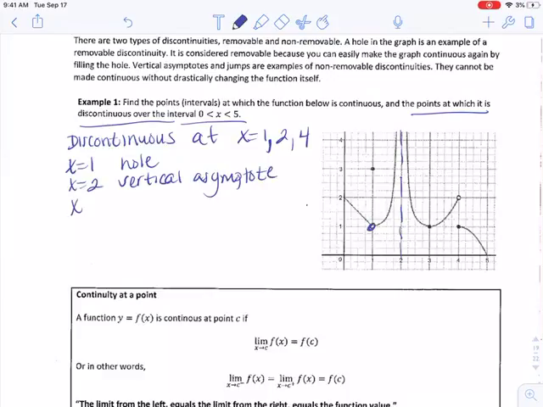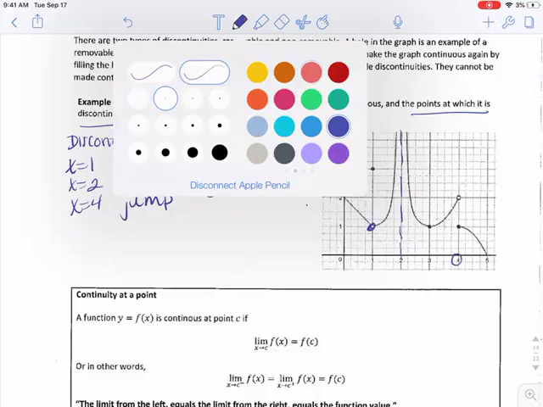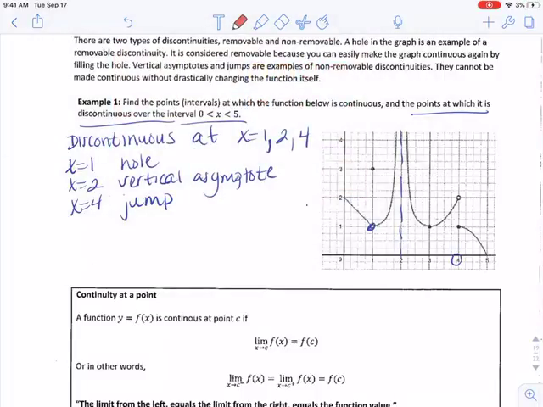And at x equals 4, there's a jump in the graph. The first one, the hole, is removable, so I'm just going to put R for removable. And then x equals 2 and x equals 4 are non-removable.